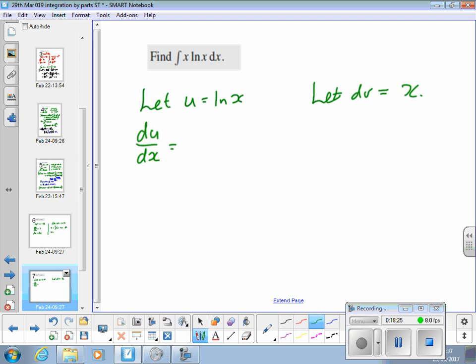What kind of thing do we have involving x to end up with an integral that is ln x? If we integrate 1 over x, we get ln x. So the other way, from ln x, we must get 1 over x from the tables. Therefore, du is equal to dx over x.